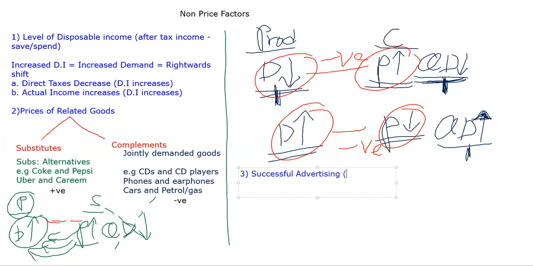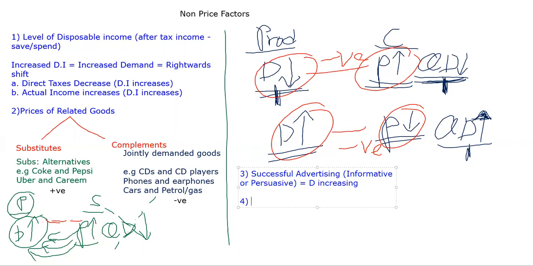Advertising can either be informative or persuasive, or both. So if it is informative, and more importantly if it is persuasive, this will definitely lead to demand increasing. If you're advertising, people are more likely to buy it. That's as simple as that.